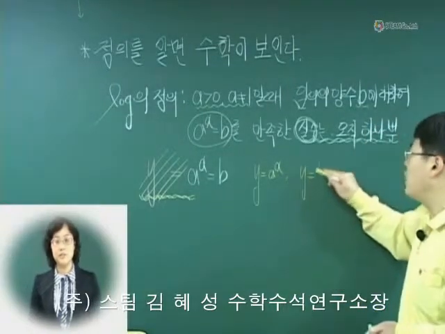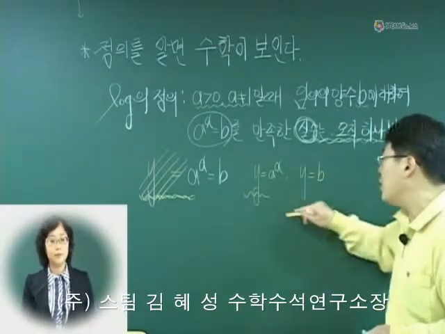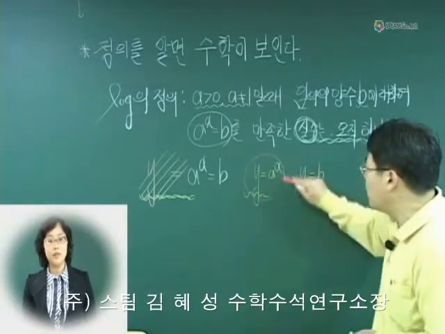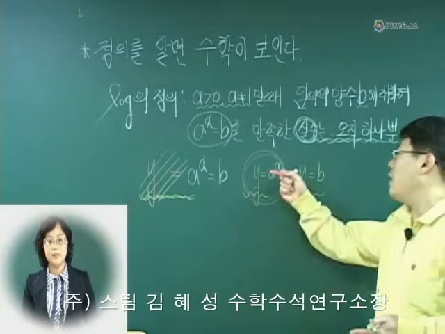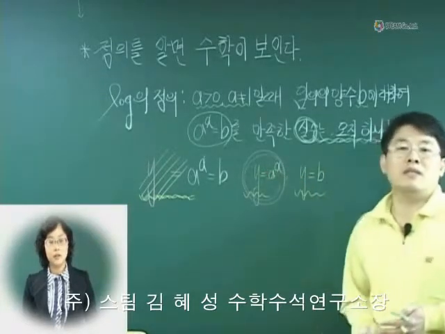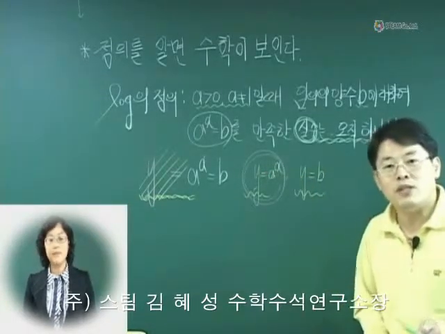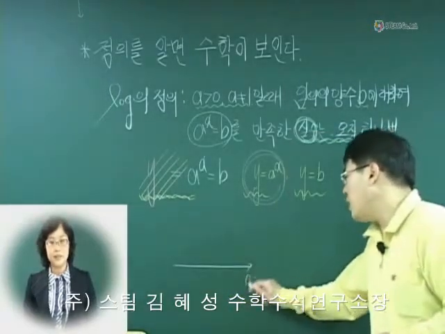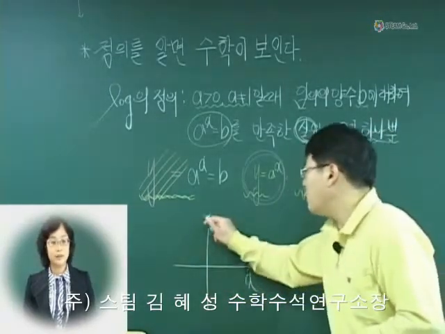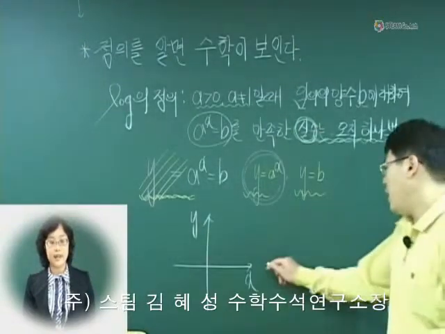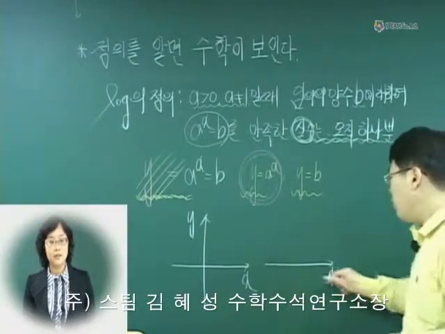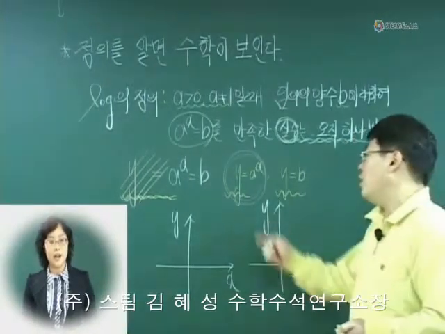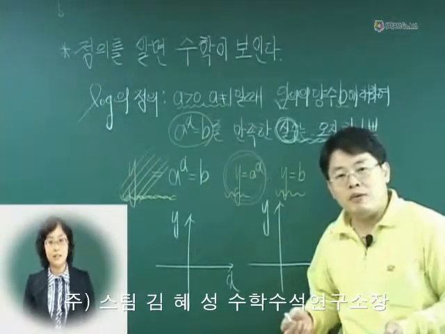These two equations you can make. And even y equals a to the x power, this exponential function, how many graphs can you make? Yes, two kinds. Right, this is the x-axis and y-axis. Since you are junior and senior high school students, you may know definitely.